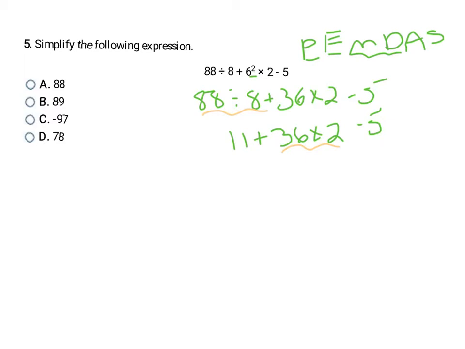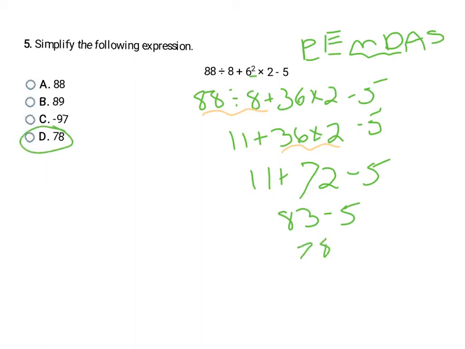So this is going to be 11 plus 72 minus 5. Then 11 plus 72 is 83. And 83 minus 5 is 78, which is going to make my final answer D.